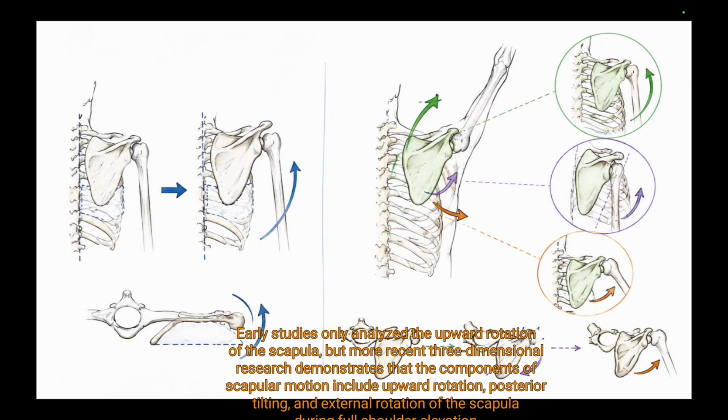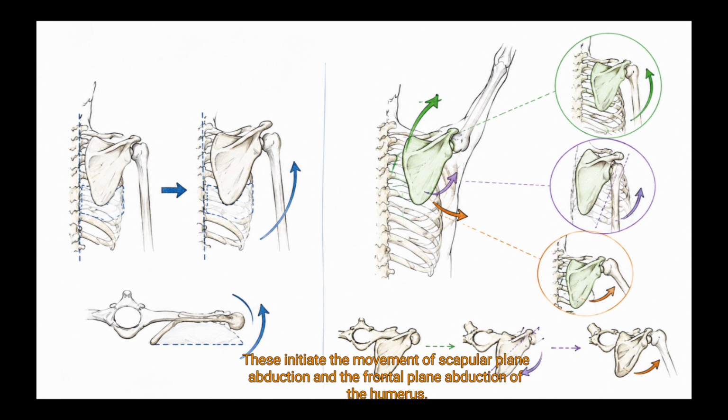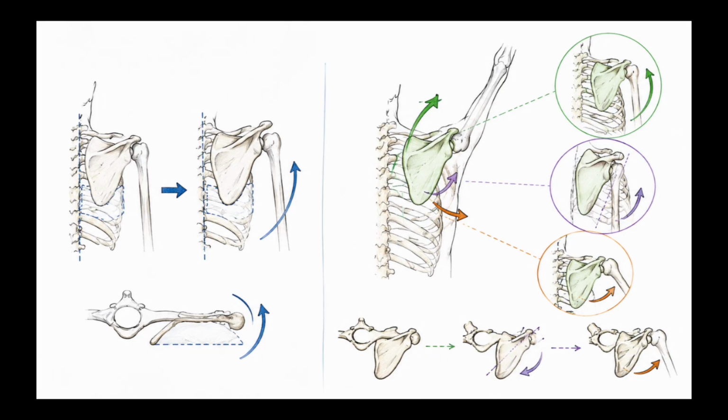Early studies analyzed only the upward rotation of the scapula, but more recent three-dimensional research demonstrates that the components of scapular motion are upward rotation, posterior tilting, and scapular external rotation with full shoulder elevation that initiates the movements of flexion, scapular plane abduction, and frontal plane abduction of the humerus.